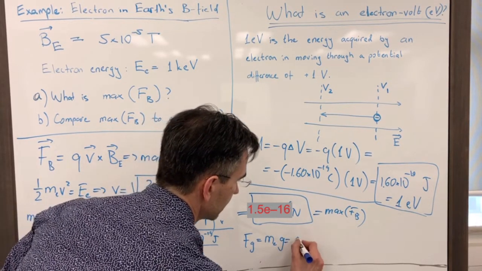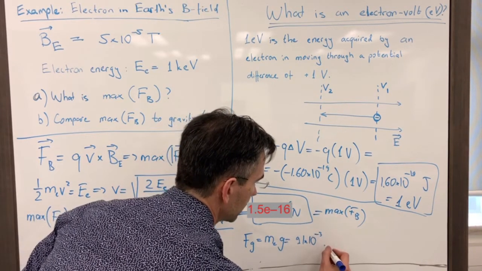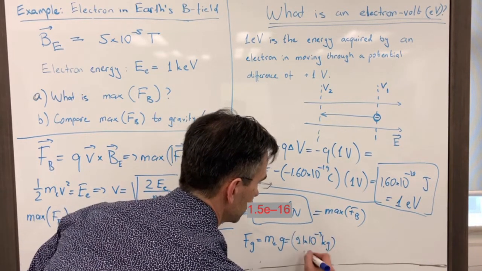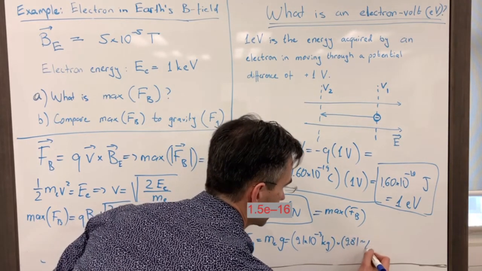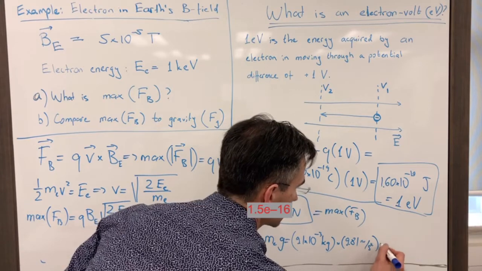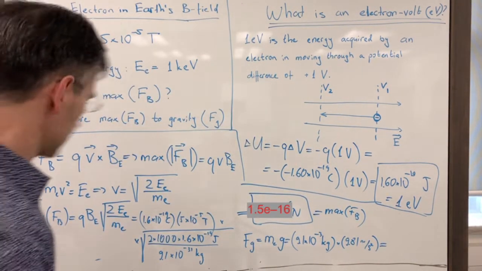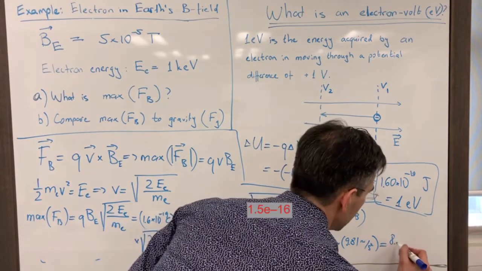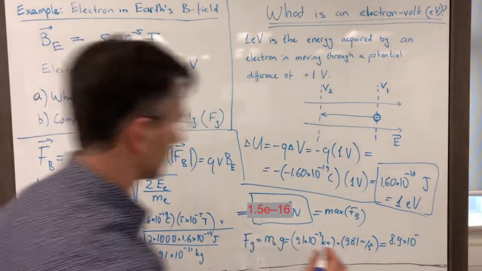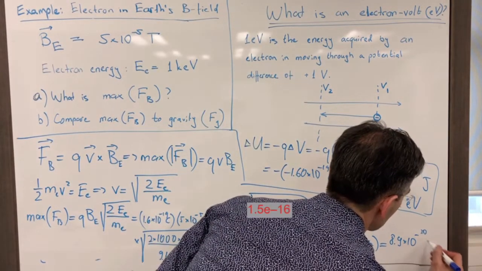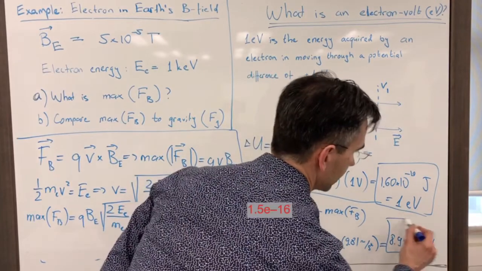So this is 9.1 times 10 to the minus 31 kilograms times 9.81 meters per second squared. This evaluates to 8.9 times 10 to the minus 30 newtons. So this is our force of gravity on the electron.